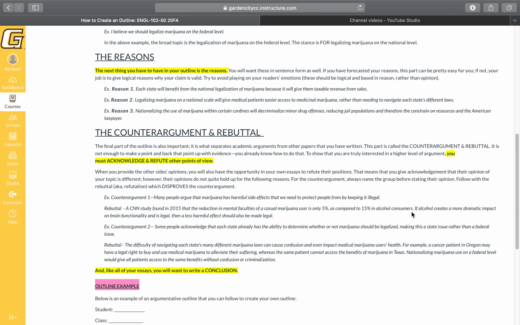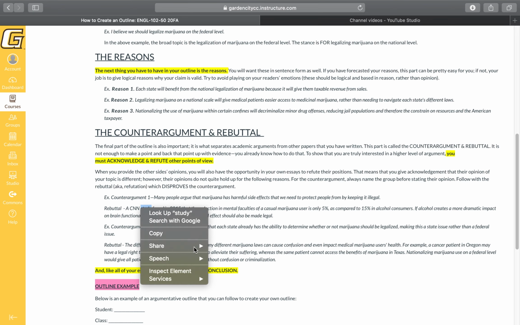So the logical reasoning here is very clear. It's not an emotional argument. It's not something where he says, well, they're just wrong. It's making a very logical connection to disprove the opposing point of view or the counter argument. So you'll have to do that at least twice in this essay, and then you write it.